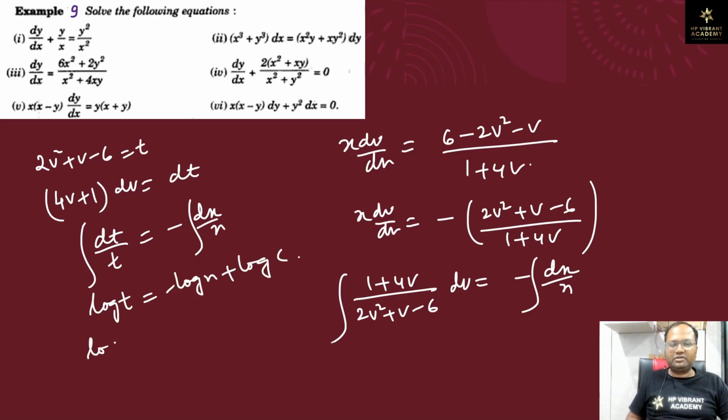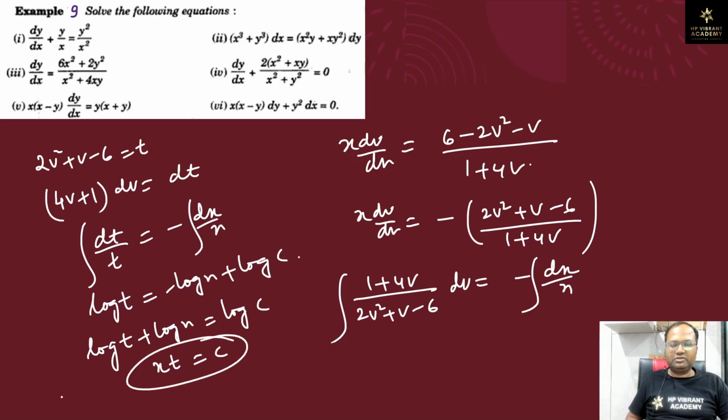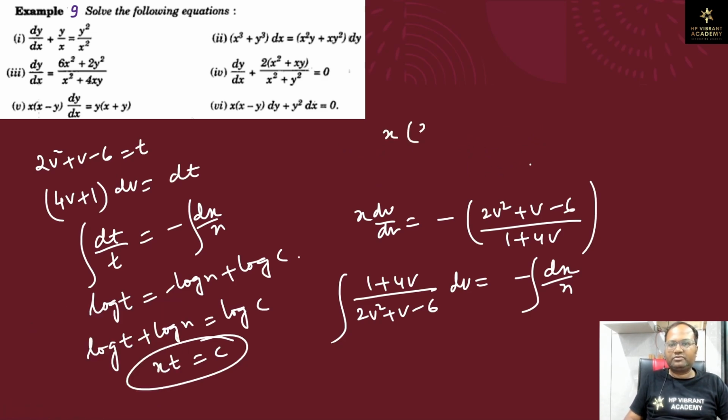Okay, so this will be log of t plus log of x is equal to log of c. So from here xt is equal to c. Let us replace the value of t. So x times (2v square plus v minus 6) is equal to c.